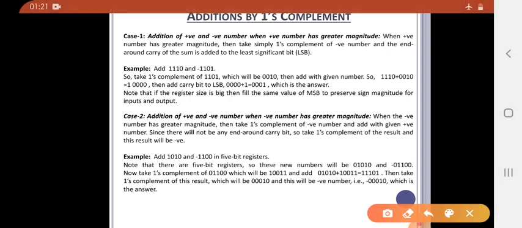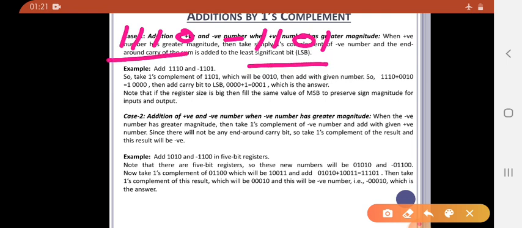Now let me explain this by writing everything in a proper manner. See, here two numbers are there: 1110, and the other number is minus 1101. Its magnitude is greater than this value. So what do we have to do first?